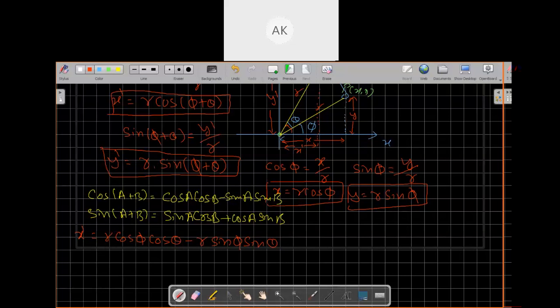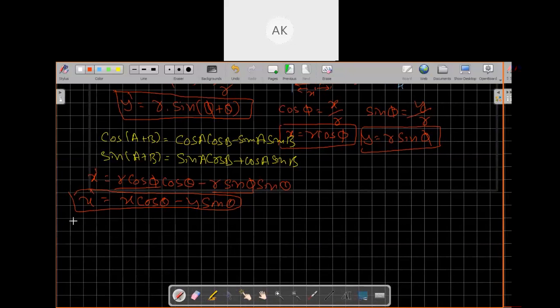So let's put this value in our equation. First, calculate the x dash. X dash equals r cos of phi plus theta. So cos A plus B, you can write r cos phi cos theta minus r sin phi sin theta.